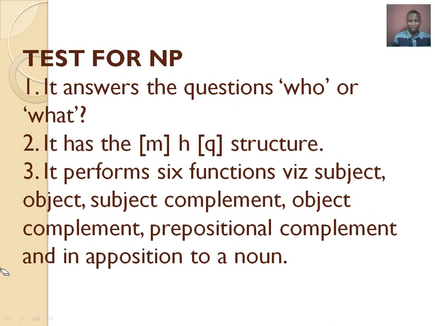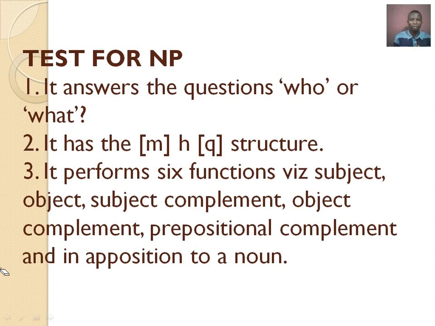How could we test for noun phrases? In case you have a passage and the underlined part in the sentence is a noun phrase, how will you test for it? There are three things to do. The first one is a noun phrase answers the question who or what. It has the structure MHQ.